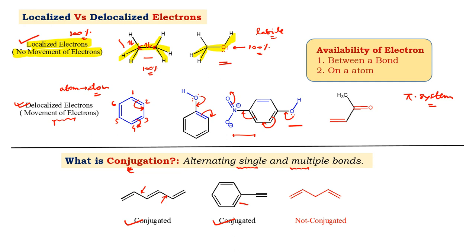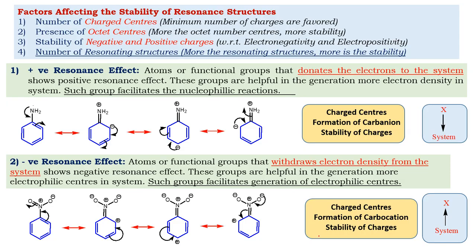Here also you are seeing a double bond and a triple bond separated by a single bond. But in the third example, you are observing a double bond, another double bond, and two single bonds in between. So this is not a conjugated system, which we need to understand. Suppose a question is asked like this: identify which of the molecules in the following show conjugation. I hope you are able to identify the correct molecules.